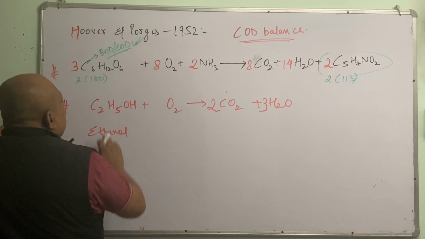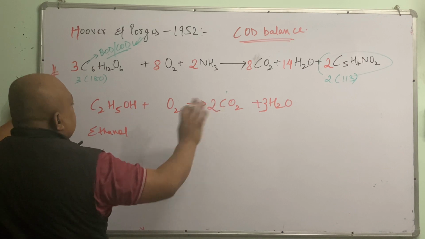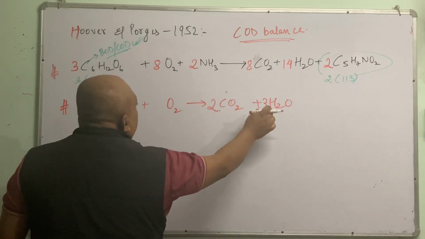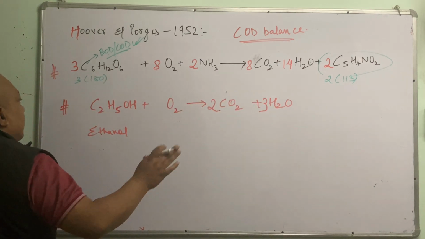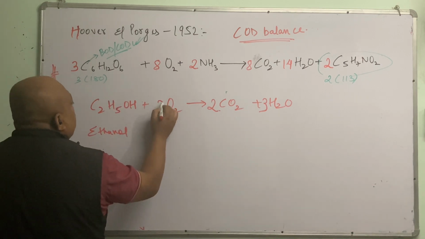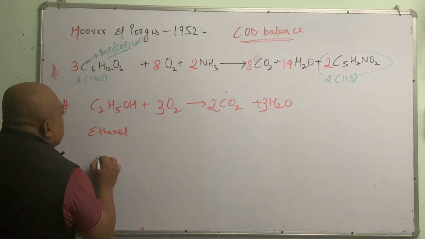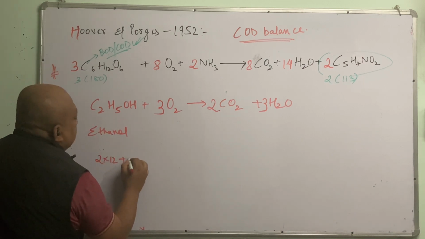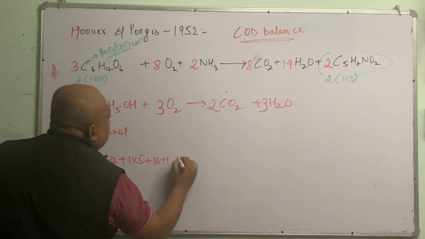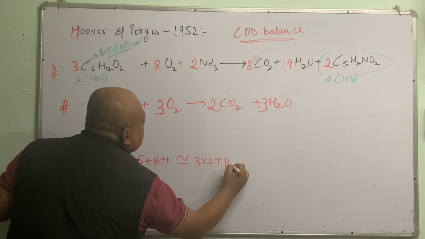2 carbon, 2 carbon. Hydrogen is 6, hydrogen is 6. Okay, oxygen is 3, 2 into 2 is 4, 4 plus 3, 7. 7 means 1 is gone, 6 is left. So 6, correct? So what you can say is 2 into 12 plus 1 into 5 plus 16 plus 1 is equivalent to 3 into 2 into oxygen 16.